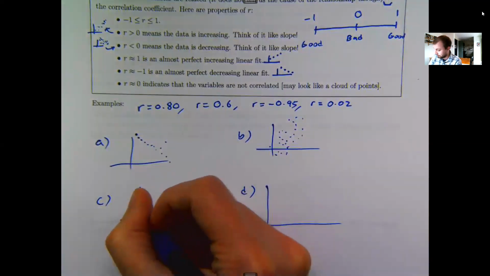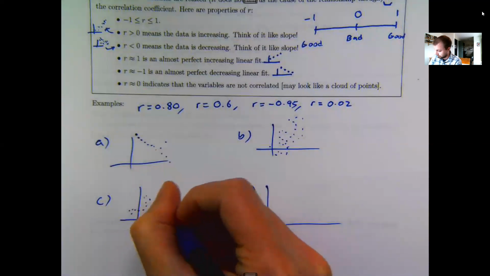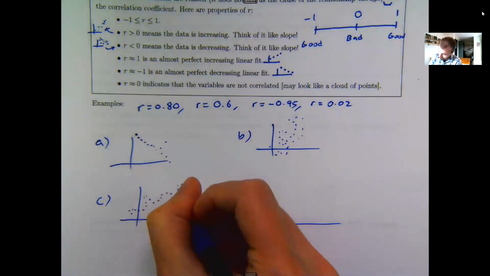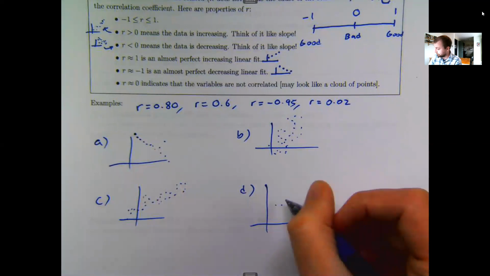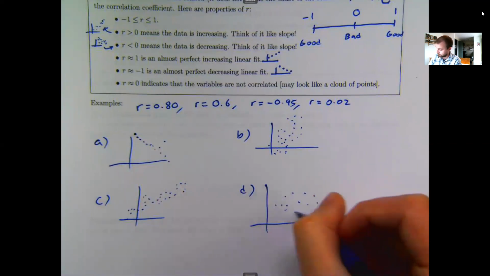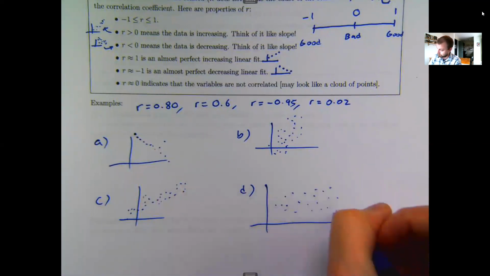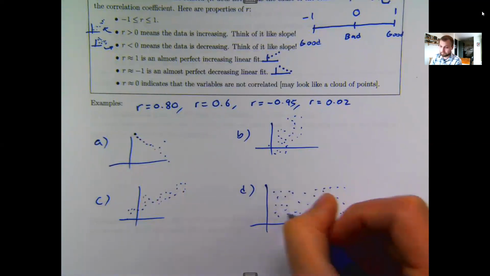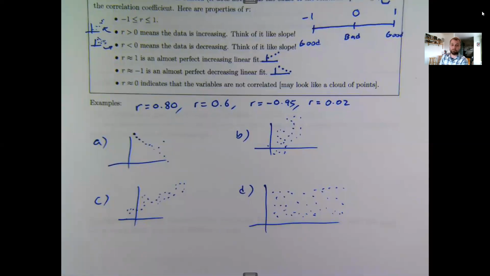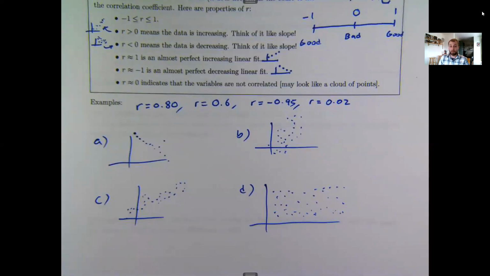Third graph, let's say it looks like this. And fourth graph, let's say it looks like that. All right, if you're following from home, go ahead and pause the video and see if you can match all of these different R's up to the graphs below.